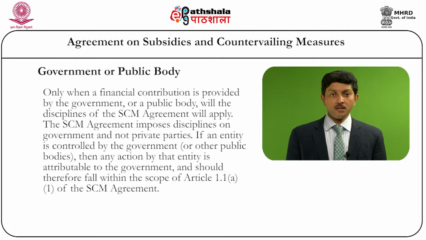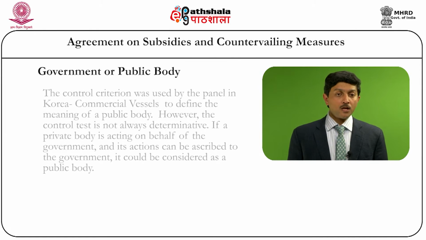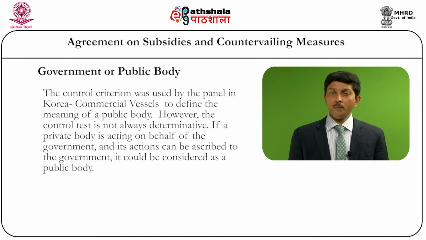If an entity is controlled by the government or a public body, then such action by that entity has to be attributed to the government in order to make it a government or a public body within the scope of the Subsidies agreement. The control criterion was used by the panel in the Korea Commercial Vessels dispute to define the meaning of the term public body.